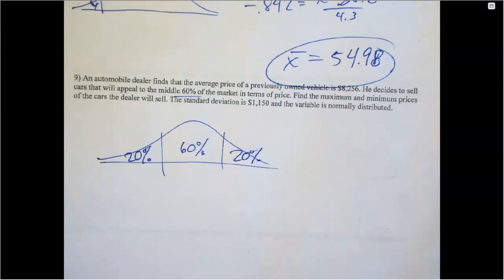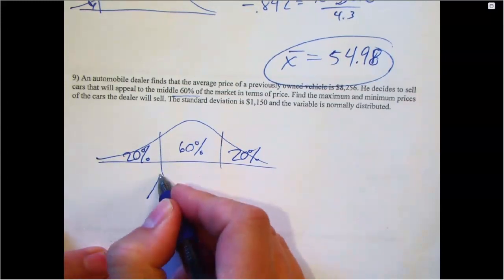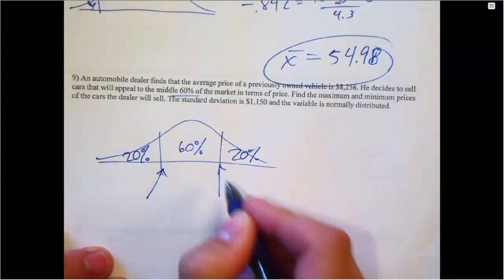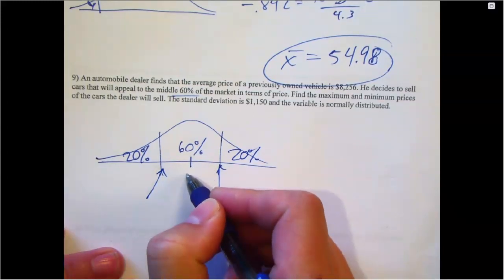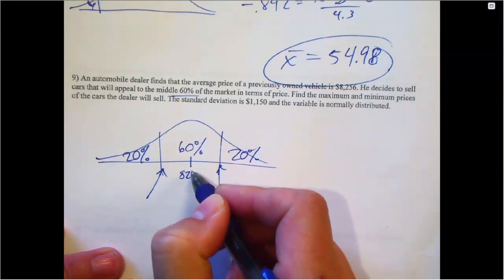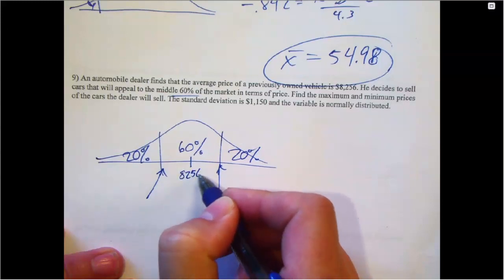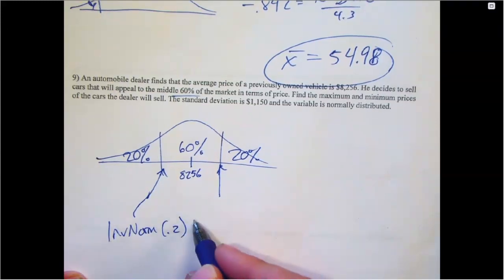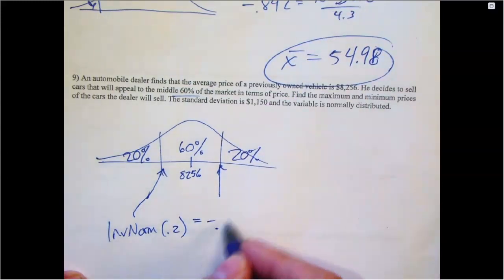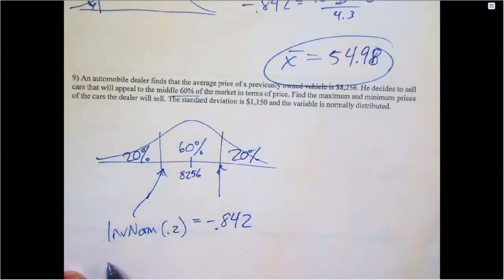Okay. So we want to find that price and that price. I know the mean is 82.56. All right, so I'm going to do inverse norm for this one. Inverse norm 0.2. It's negative 0.842. I know that like from above. And then x bar is what I'm looking for. The mean is 82.56.